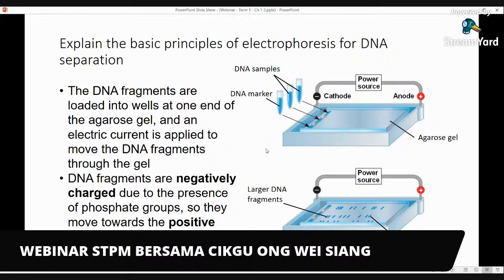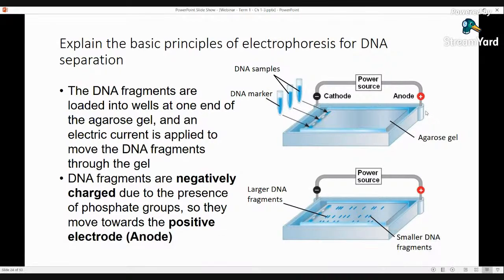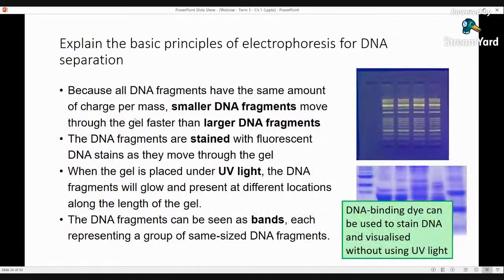So the positive terminal or anode must be placed at the opposite end of the agarose gel, so that the DNA fragments can move toward the anode. Because all DNA fragments have the same amount of charge per mass, smaller DNA fragments will move further compared to larger DNA fragments.